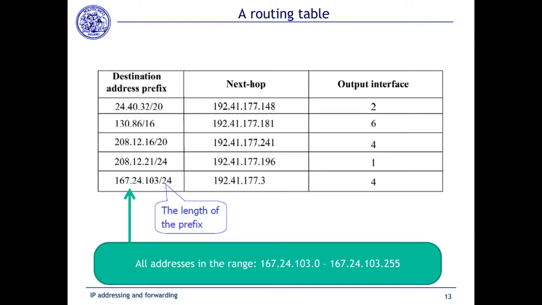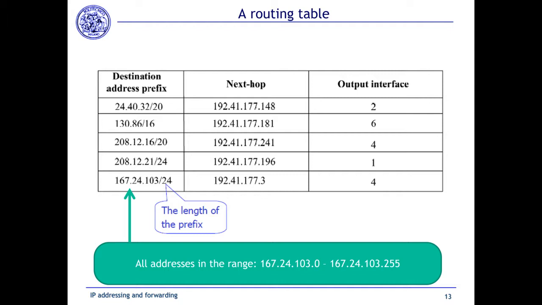So if we look more closely at a routing table, in the routing table you actually find the first column, which contains the destination addresses in terms of network prefixes.